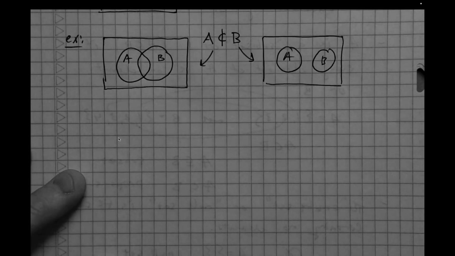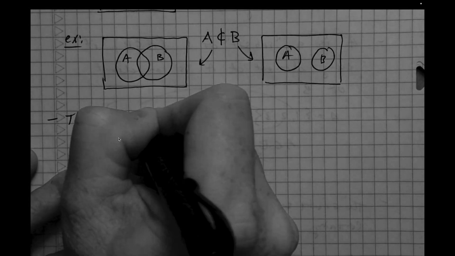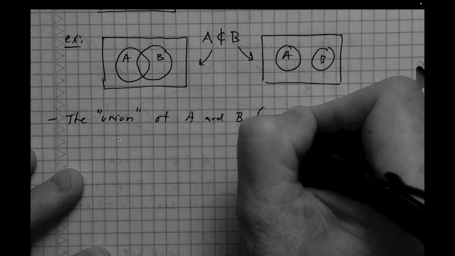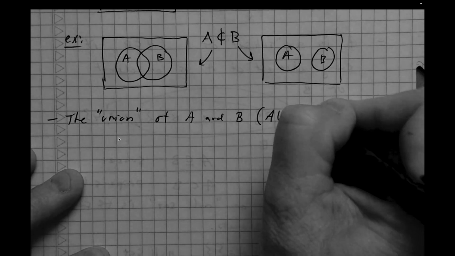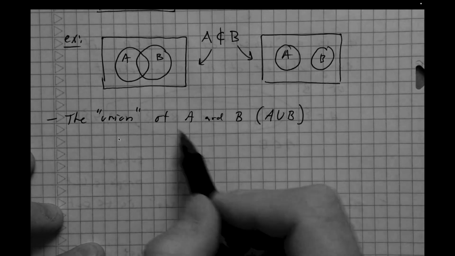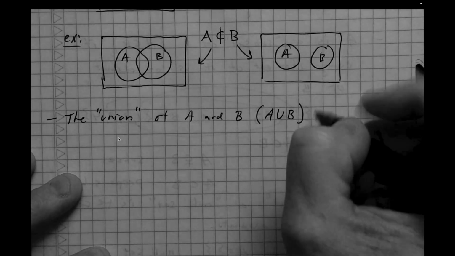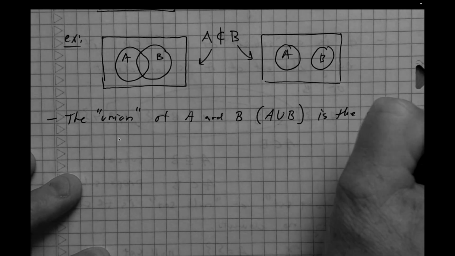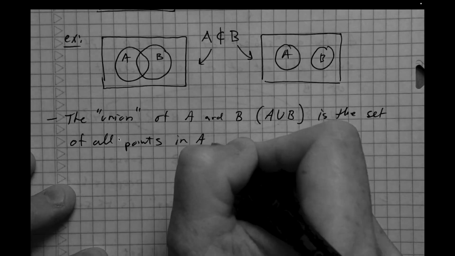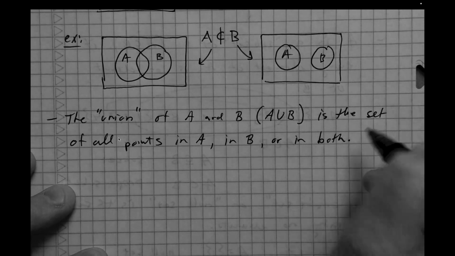The next item that'll be important is what's called the union. The union of A and B is denoted as A union B. Sometimes this is said A or B. So the union of A and B is the set of all points in A, in B, or in both.